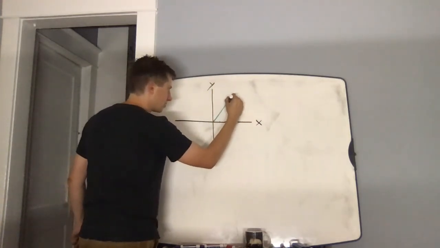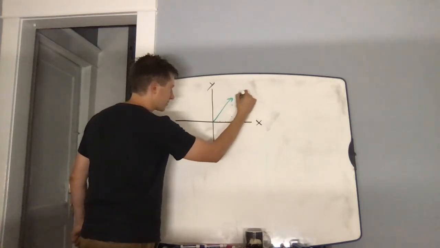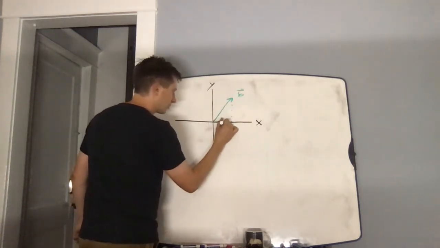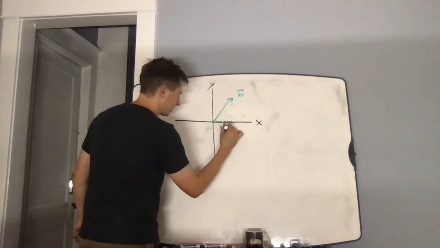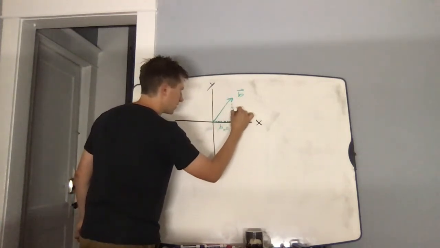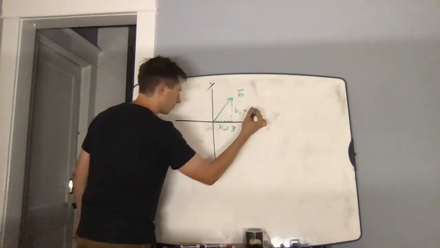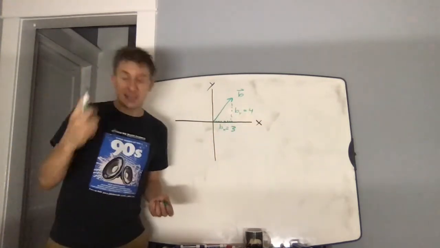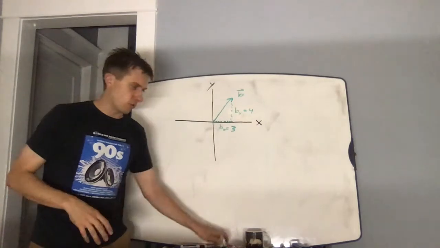Vector b is going to look something like this. So I could say bx is equal to 3 and by is equal to 4. So vector b is given to us in component form.